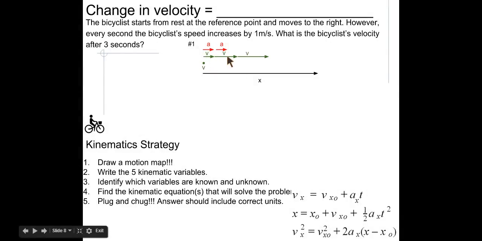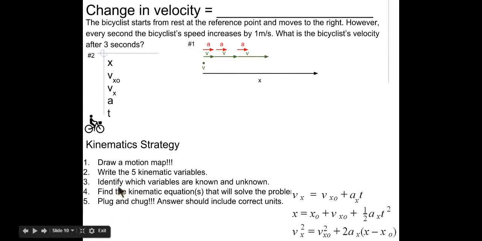So that length minus that length is that length there. And then this 3 meter per second length minus that 2 meter per second length is, again, a change of velocity of 1 meter per second during that second. All right, so that's step one, drawing the motion map.